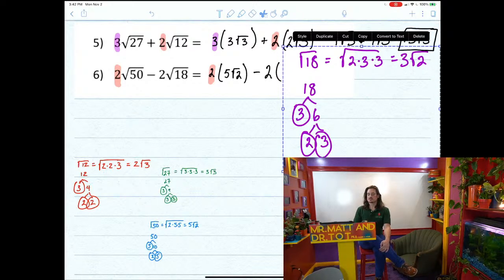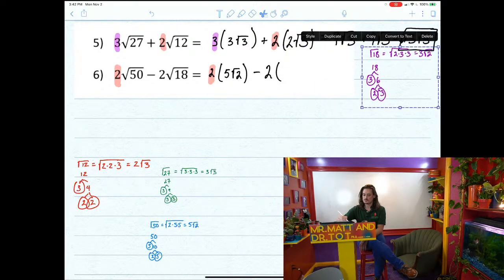So the prime factorization of 18 is 2 times 3 times 3, so the square root of 18 is the square root of 2 times 3 times 3. For the two 3s underneath the radical, you can bring 1 outside, so this will simplify into 3 root 2. So instead of writing the square root of 18, we can just write 3 root 2.